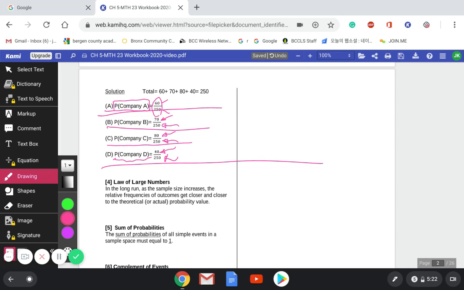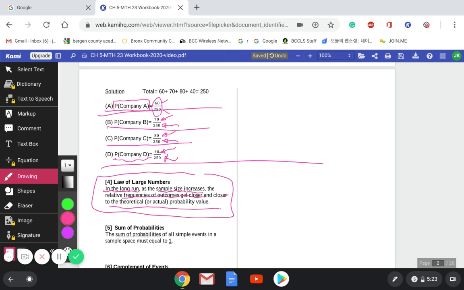Okay? Now there is another thing you should know, called the law of large numbers. When you do it many times, in the long run, as the sample size increases, the relative frequency of the outcome gets closer and closer to the theoretical probability value.